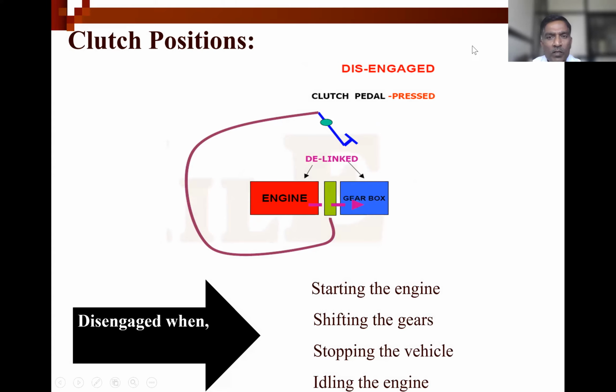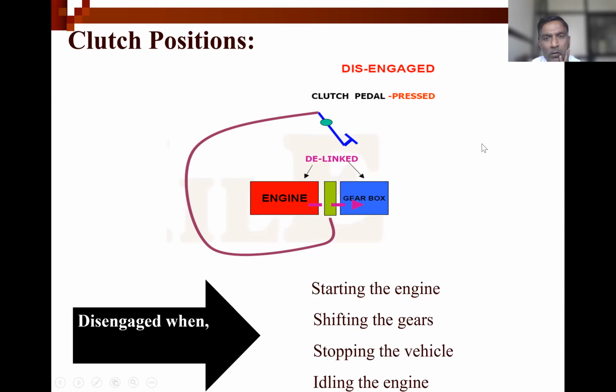So this is the simplest diagram shown. Screen is visible. Sachin, is the clutch position visible? Yes, sir. Okay.